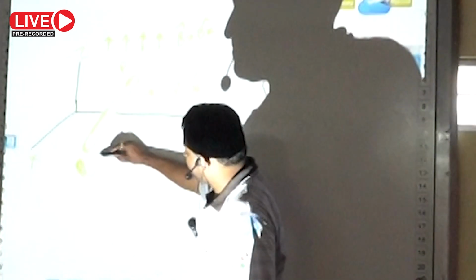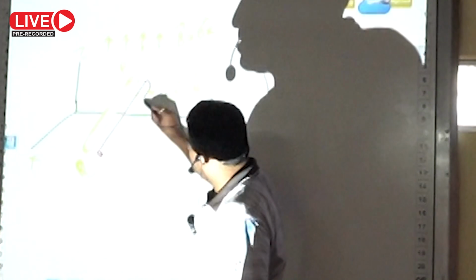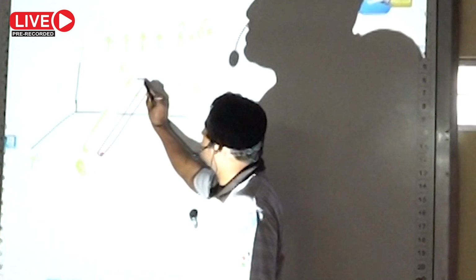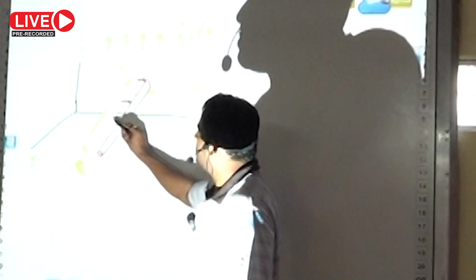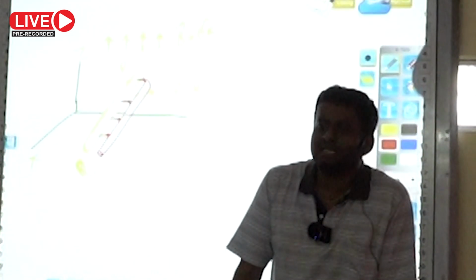So I can consider another portion of the rod which is slightly away from this portion. I can consider that this rod has moved by a distance in time dt. How much distance has the rod moved in time dt? v dt.